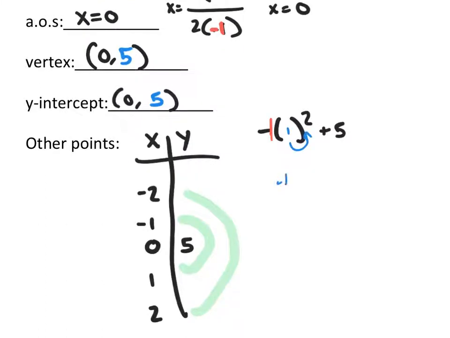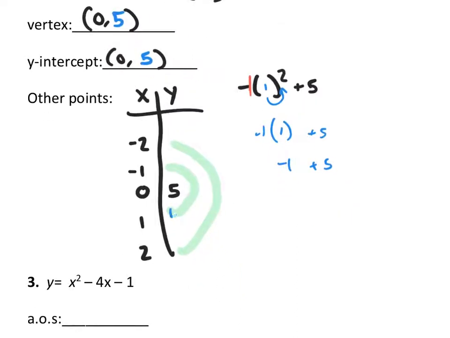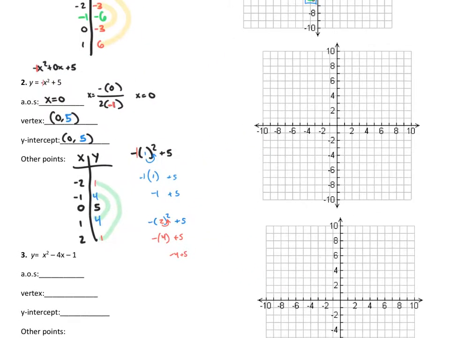So positive 1 squared is 1, and then that negative 1 catches it. So this ends up being 4 for both of these. When I go to plug in 2 or negative 2, I'll plug in positive 2. We get 2 squared is 4. Then we get a negative 4 plus 5 to get 1. And we can now graph this.